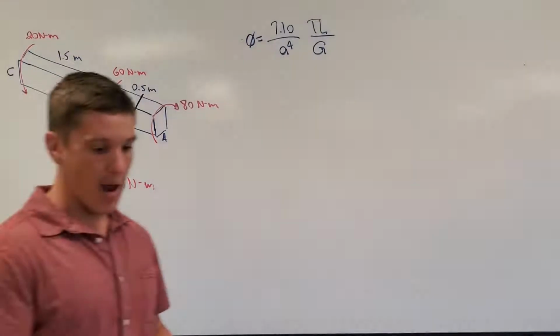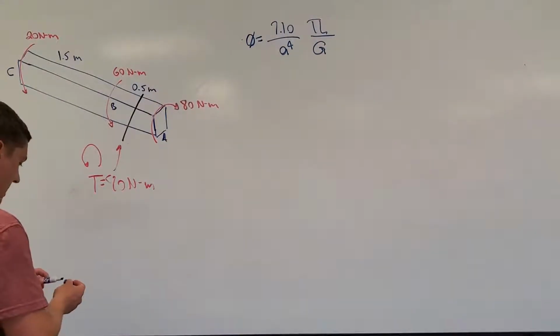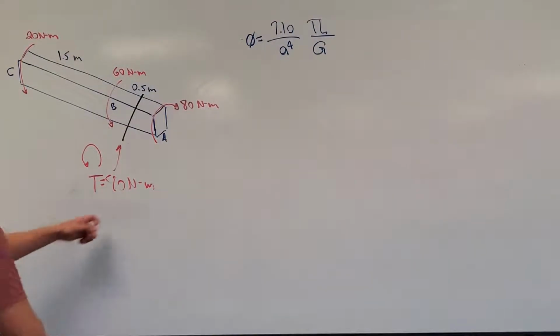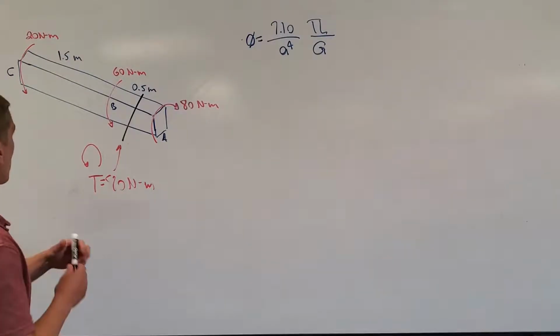So let's go ahead and make a cut over here just like we did before. If I'm going to make a cut in between A and B, we already found that it was going to be 80 Newton meters, counterclockwise.